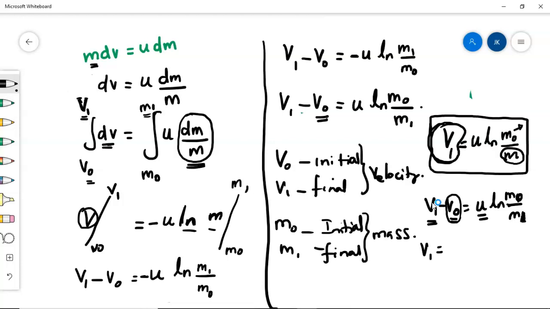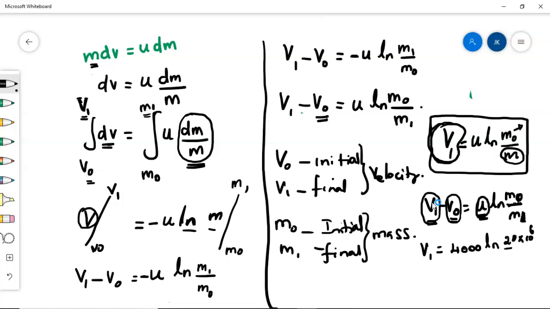So we are going to find the speed of the rocket. Let the speed of the fuel be 4000 meters per second, and let the initial mass of the rocket be 20 times 10 to the power 6.